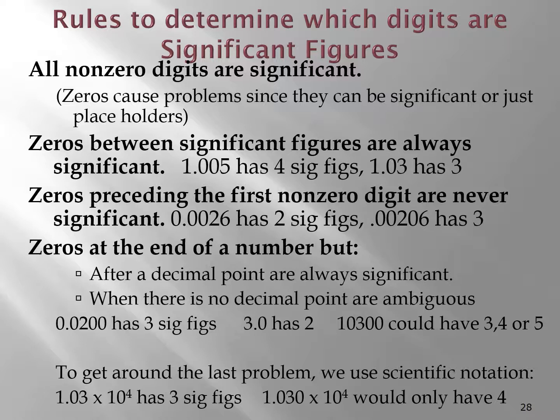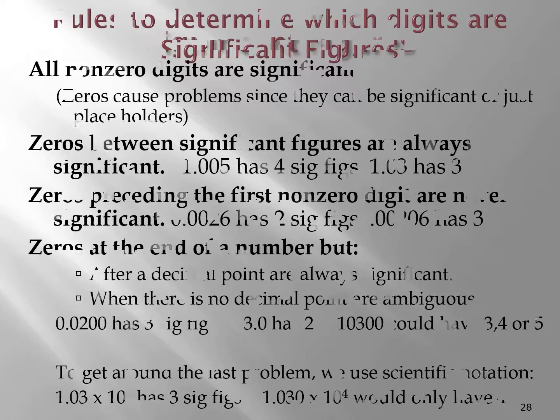If I wrote it as 1.030, then I know I mean 4 significant figures. Then I meant, oh yeah, I measured that to the tens place. If I put another 0, then I would have 5 significant figures. So you get it. It's the zeros at the end that are ambiguous, and if you really are trying to be very careful with significant figures, the easiest way is to put it in scientific notation.